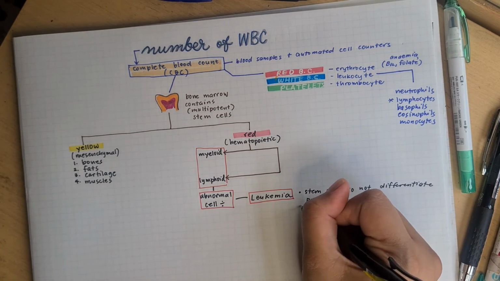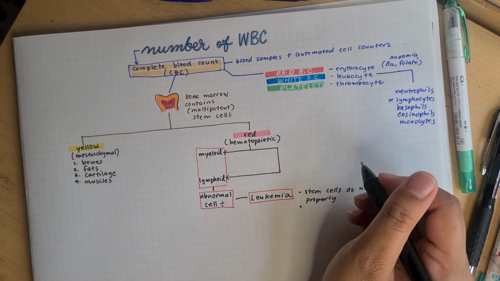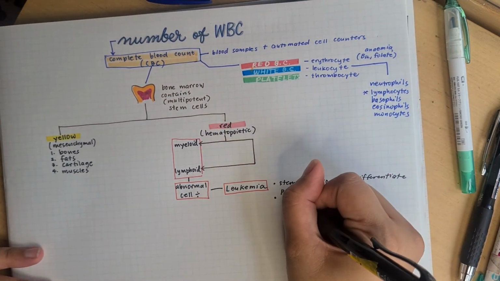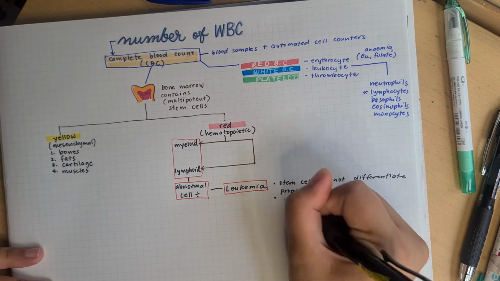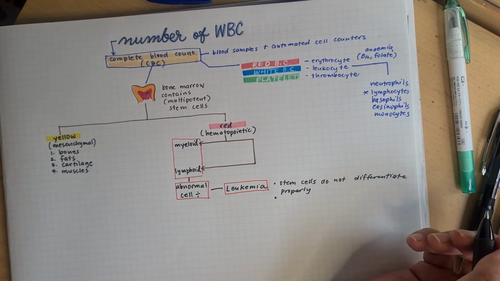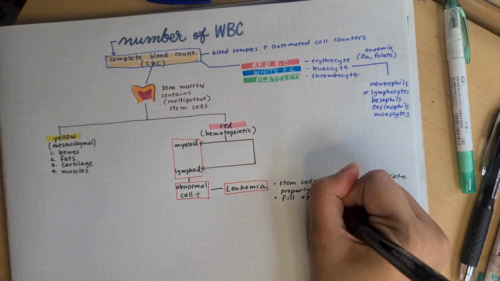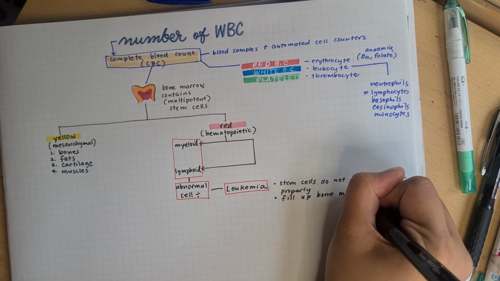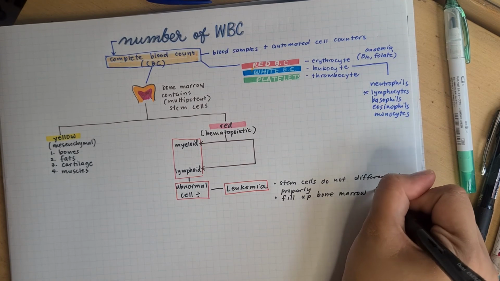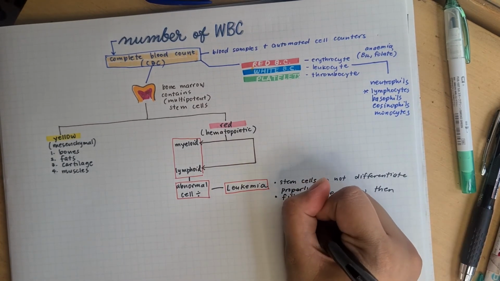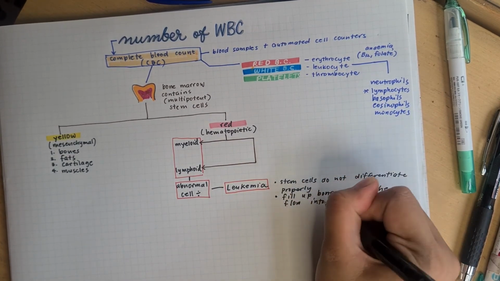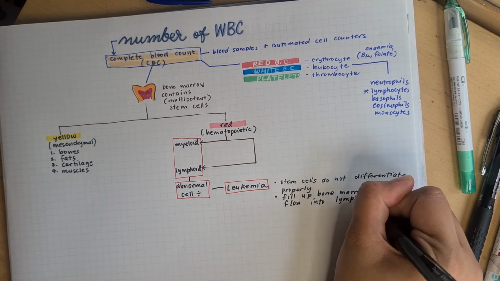Also note that in this disease, the undifferentiated stem cells fill up the bone marrow, then flow into the lymphatic system.